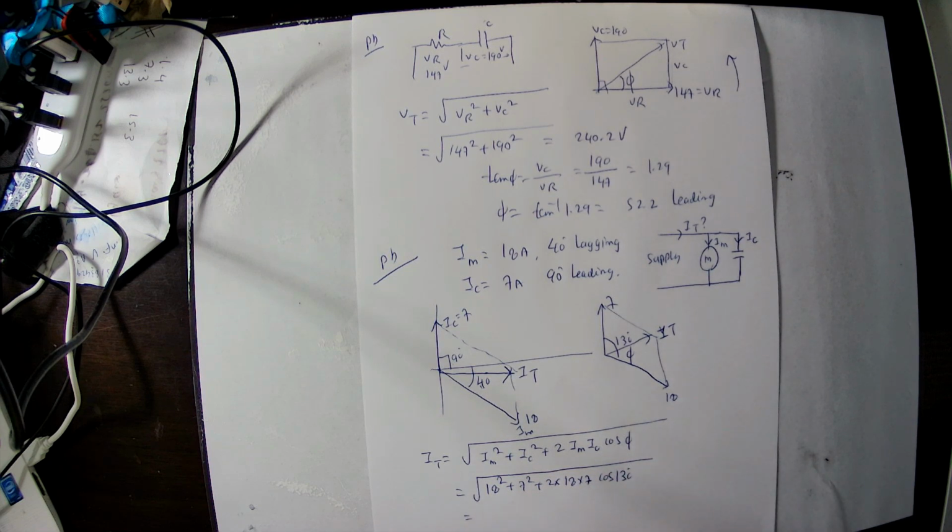So cos 130 is minus 0.642, multiplied by 2 multiplied by 18 multiplied by 7. So this is 161.9.